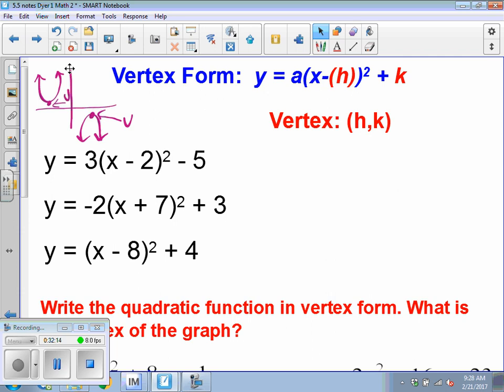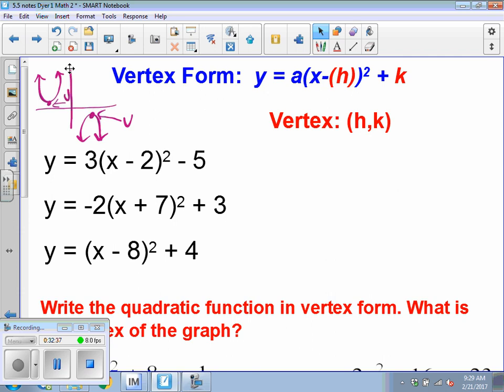And so this number right here, added or subtracted to x, even though this is not a straight line, it's a quadratic, it still tells you the shift left or right. K still tells you the shift up or down. Okay, so later on when we talk about how did this move, you're going to be able to tell me, only if it's in this form.